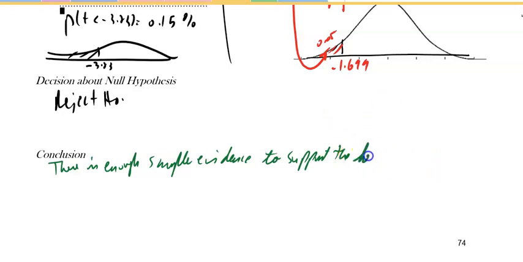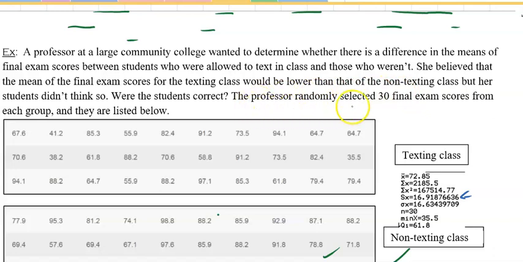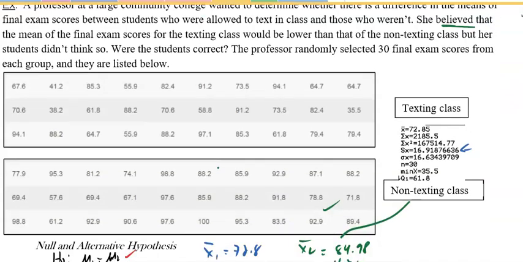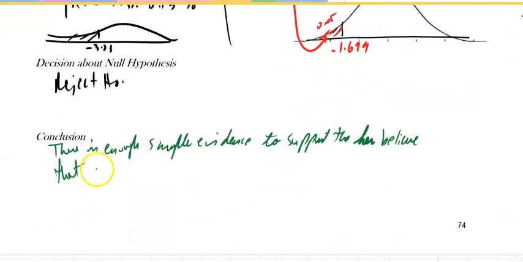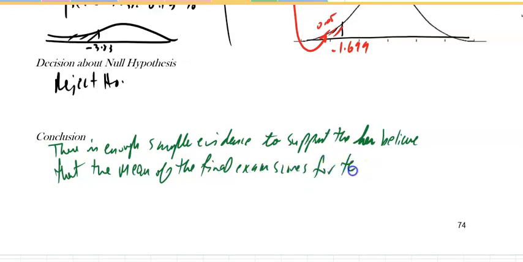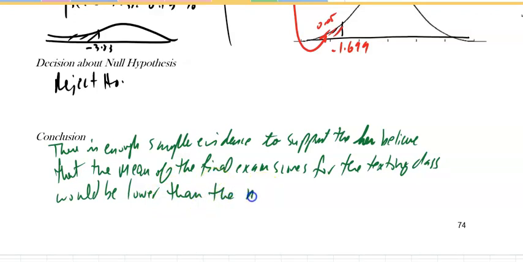They didn't put a claim, so support her belief that, and I'm trying to mimic what they said, her belief that, and you reiterate all of that, that the mean of the final exam scores for the texting class would be lower than the non-texting class.